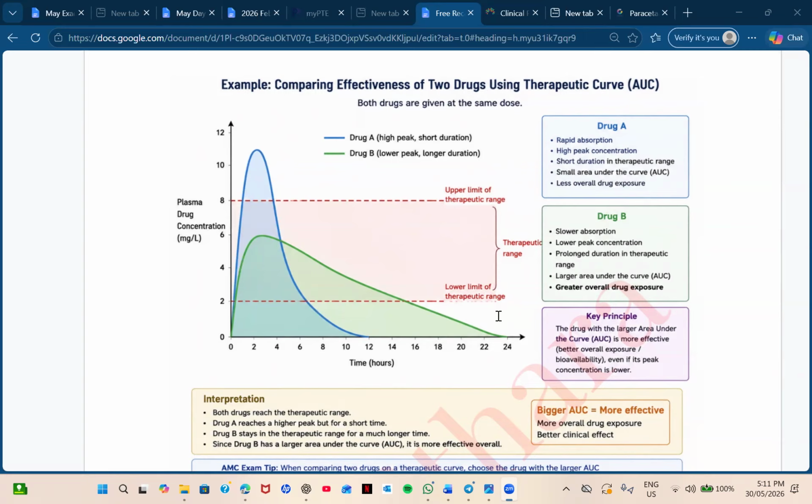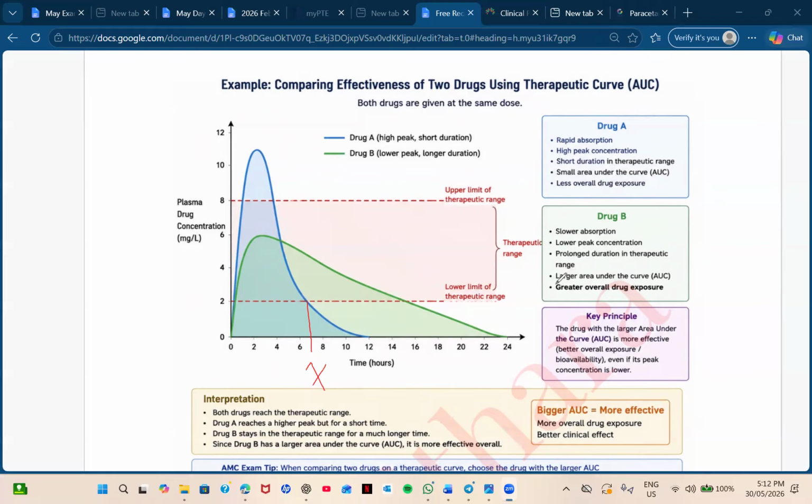So rapid absorption can occur. Then what happens? Short duration in the therapeutic range. Can you see? It's in the therapeutic range only till here, right? So usually 7 hours, only 7 hours.